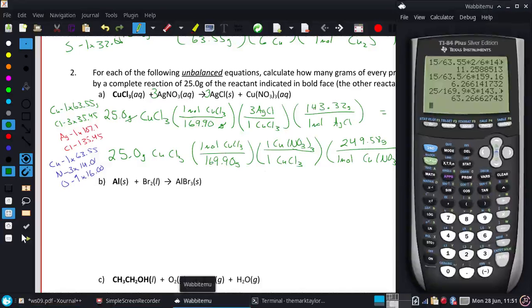Very similar calculation. 25 divided by 169.9 and then times 249.58, and we get 36.7.